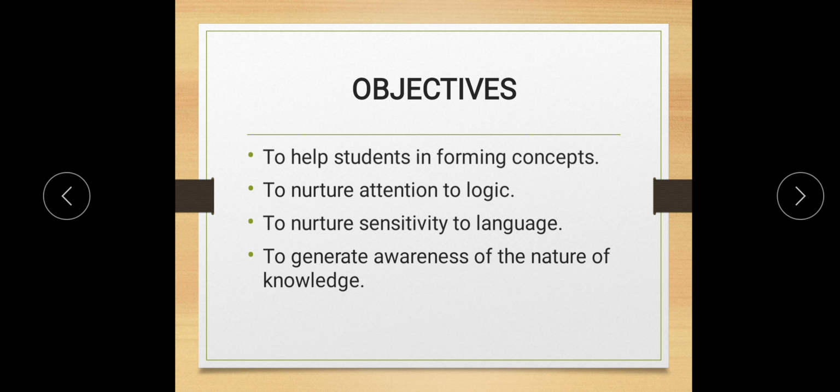And the fourth one is to generate awareness of the nature of knowledge. Now, when I talk about knowledge, knowledge is of different types. Okay, I'll not go into much detail of that. But yes, a person understands what kind of knowledge he or she is dealing with, or what kind of knowledge he or she is creating or developing.